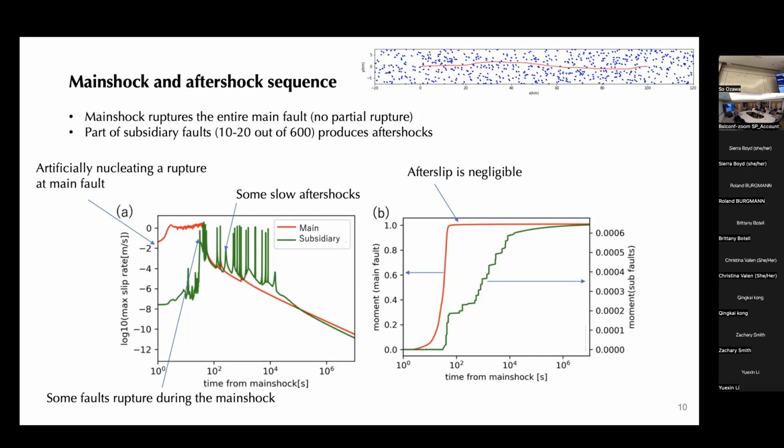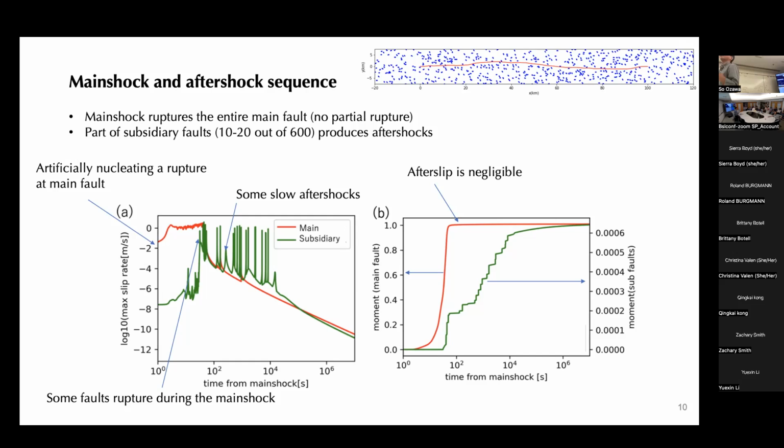This was artificially nucleated by a stress perturbation at t equals 0. This completely ruptures the main fault. Then the slip rate decays over time. After the mainshock is terminated, there are many spikes in the maximum slip rate in subsidiary faults, each of them corresponding to an aftershock.